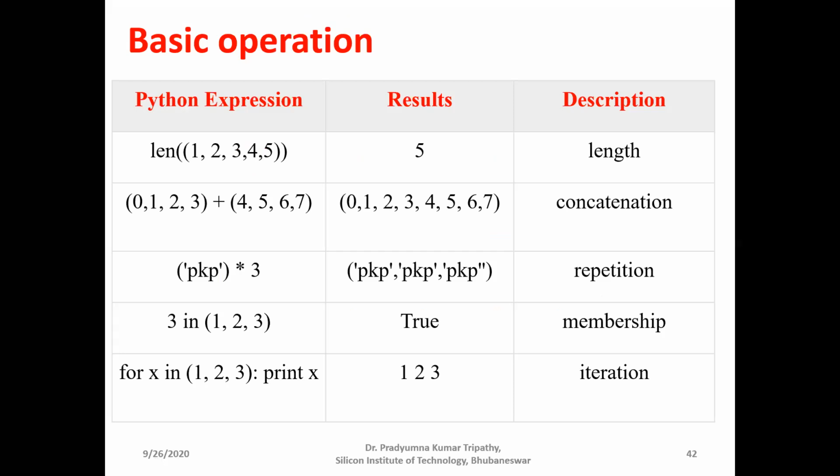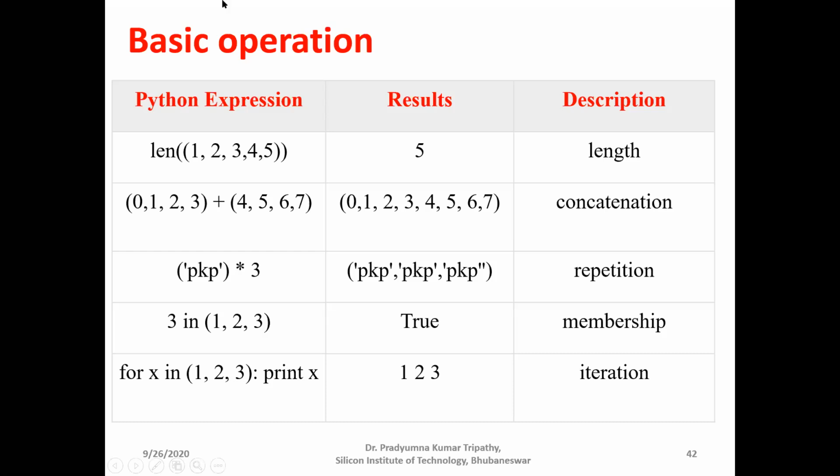And see over here, what are the basic operations? If I give the length of the tuple, it returns 5. Two tuples can be concatenated, right? I can concatenate them to have a new tuple. If I multiply by 3, it will be repeated 3 times, as it was in lists as well.